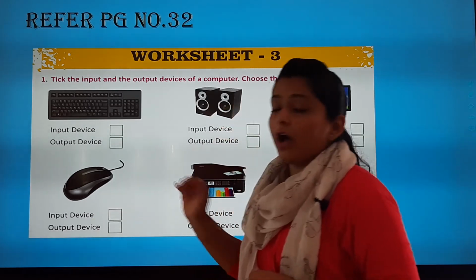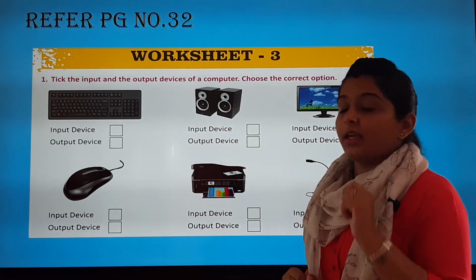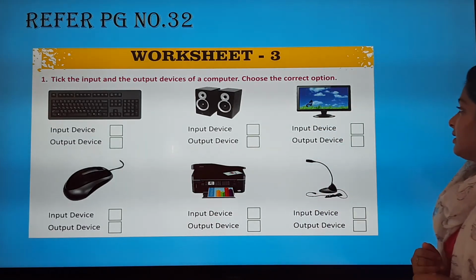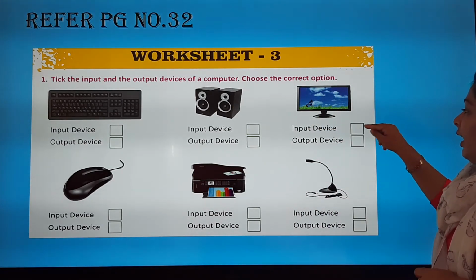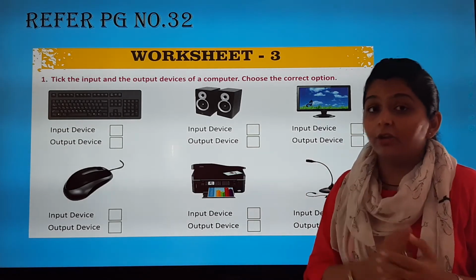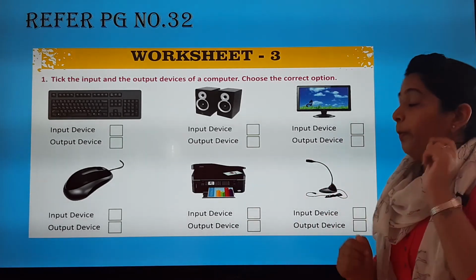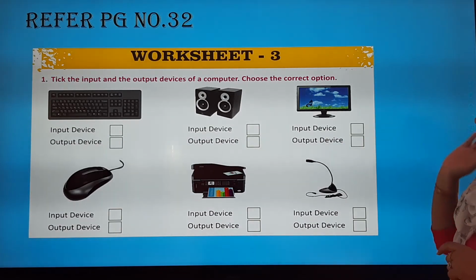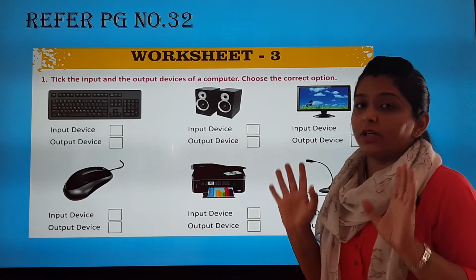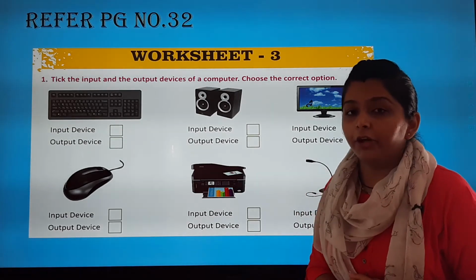Mouse, input or output device? Yes, input device. Just tick on the input device. Then monitor, input or output device? Yes, it shows us the result. तो क्या होगा वो? Output device. So you will just tick here. These three you will do it on your own in the textbook itself after watching this video.